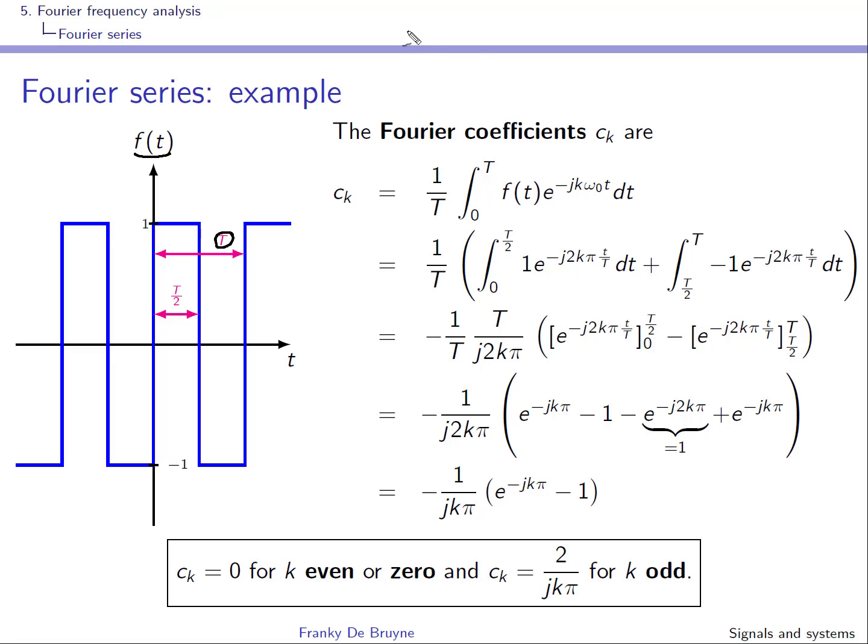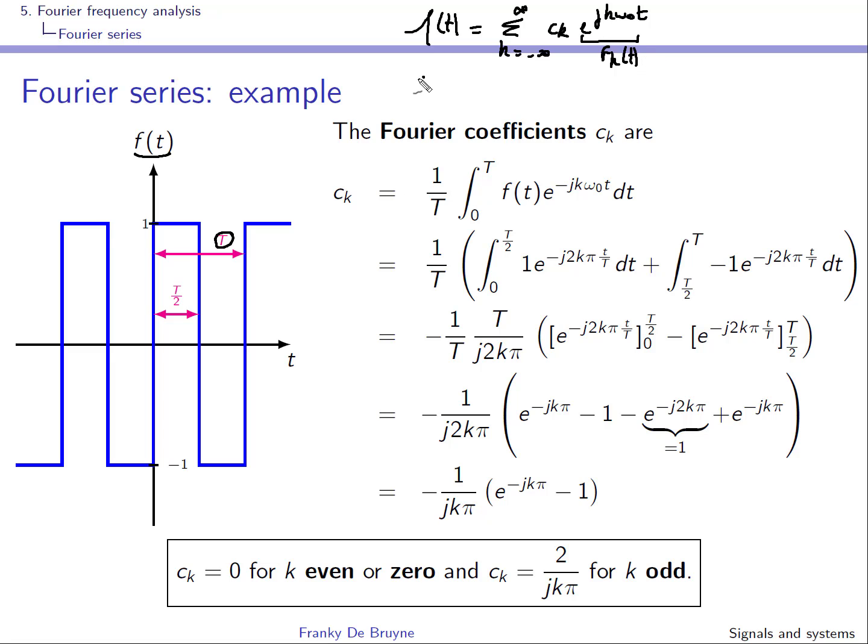Remember first that we're trying to decompose f of t as a sum of complex exponentials, and the c_k are the coordinates of f in this sum of complex exponentials, and this is the function f_k of t, a function in the Fourier basis.